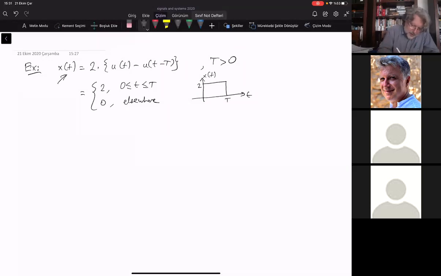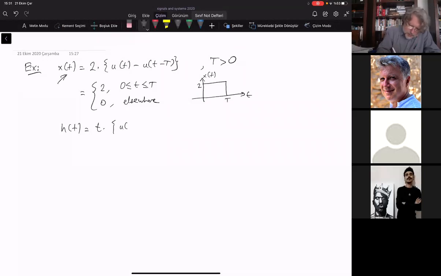And again, I'm going to use this trick. I will say h of t equals t times u of t minus u of t minus 2T. Now, what is this?